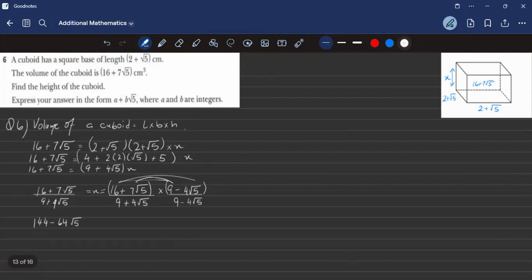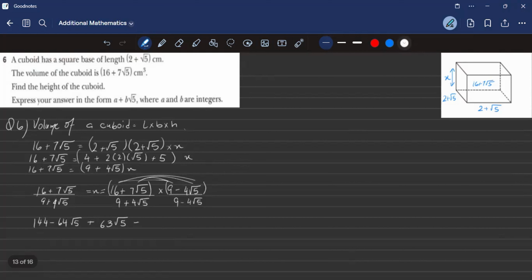Inner value multiplied by the inner value is 9 multiplied by 7 under root 5, which would give us plus 63 under root 5. Last value multiplied by the last value is 7 multiplied by 4 is 28.